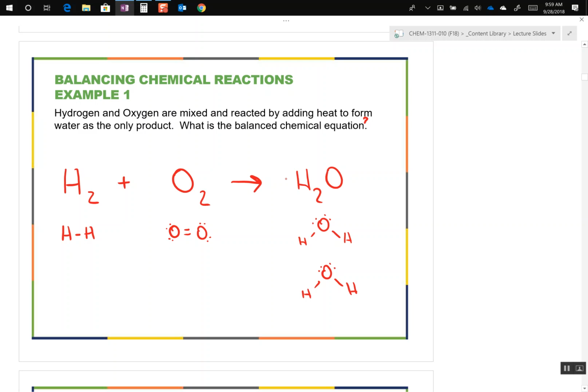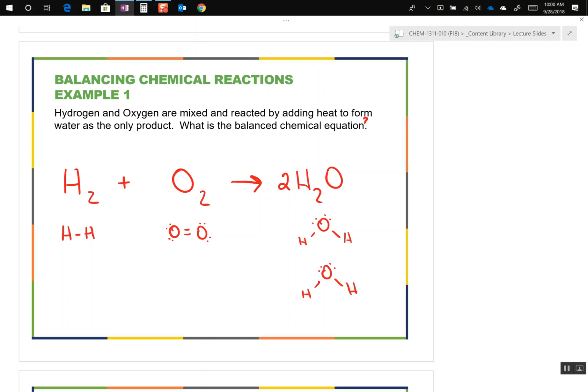So now, as was mentioned, I have a coefficient of 2 waters. I have 2 water molecules. So that gives me 2 oxygens. I can multiply this into here and say, okay, that is 2. And it gives me 4 hydrogens. 2 oxygens, 4 hydrogens. Now I have a balanced chemical equation.